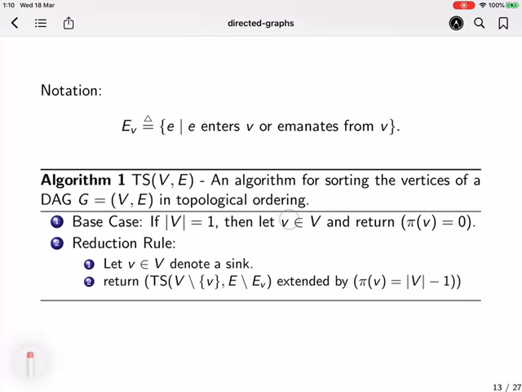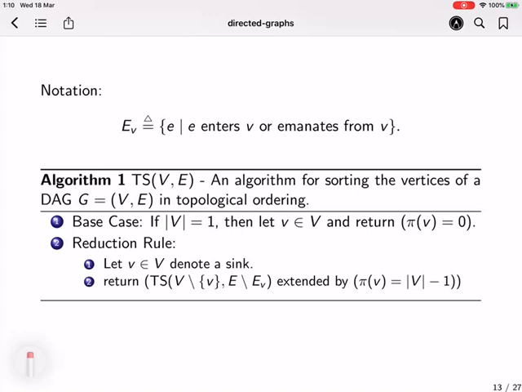What happens if we input a directed graph that is not acyclic, namely contains a cycle? What would the algorithm do? If the algorithm succeeds in computing a topological ordering, then that would mean that the graph is acyclic, because once you have a topological ordering, you're guaranteed that all the edges go to the right, so to speak, which means that there are no cycles.